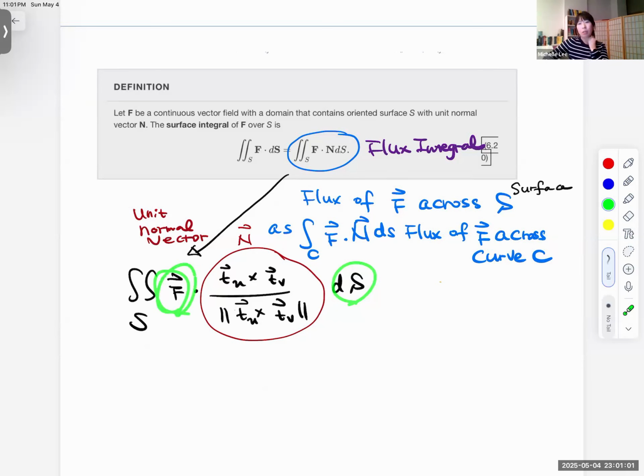So we want to substitute the parameterization there. In that case, it's R of UV, right?